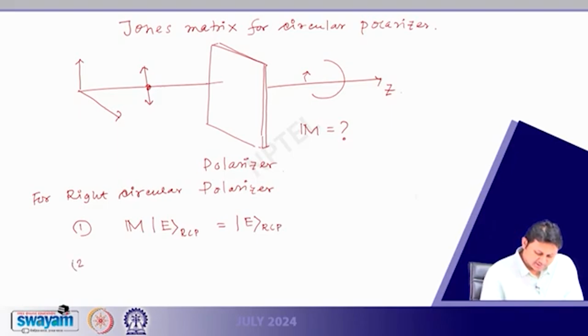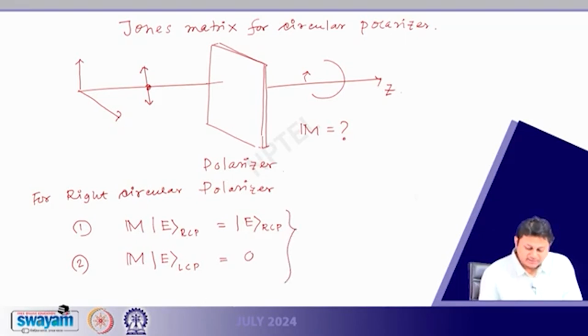And the second condition is that since it is producing right circularly polarized light, if I launch left circularly polarized light, which is orthogonal to the right circularly polarized light, then here we are going to get 0. So nothing will come, exactly like linear polarization. The way we calculated the linear polarization with vertical pass axis and horizontal pass axis, exactly the similar way we are going to calculate by considering these two conditions.